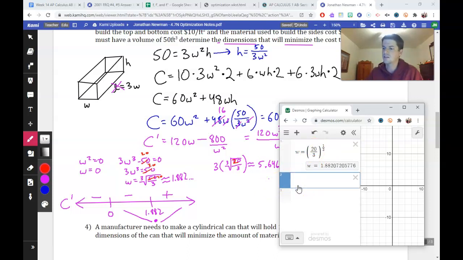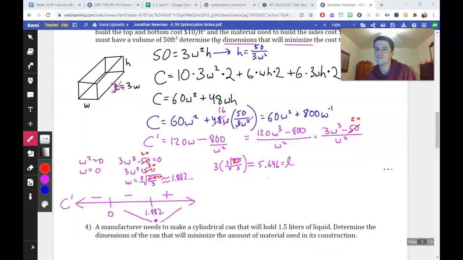So let's just plug this in. We have 50 over, we're trying to find the height now, 3w squared, and we get, that's not what I had before, good, 4.705. So we have height is 4.705. So we want to answer this.